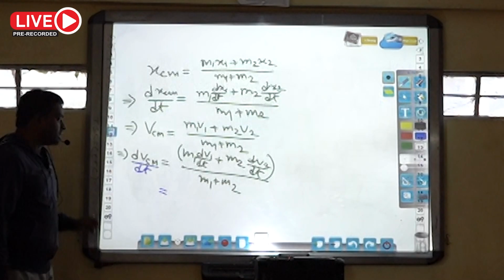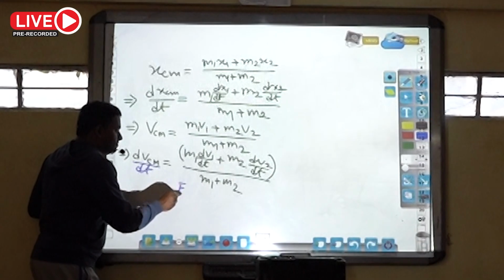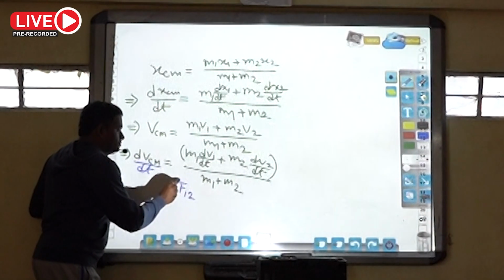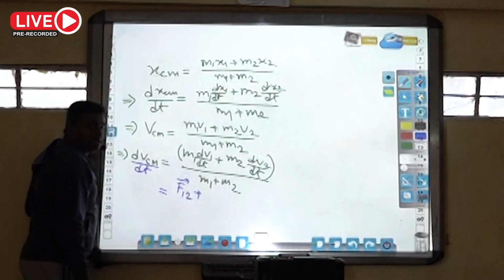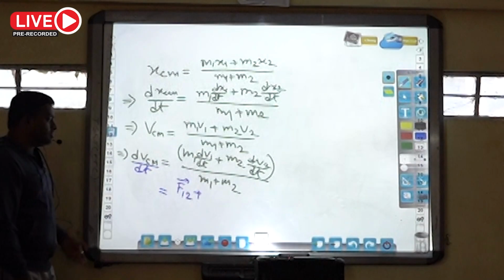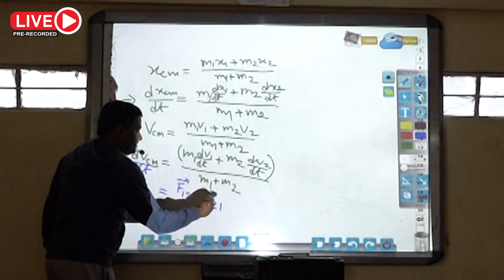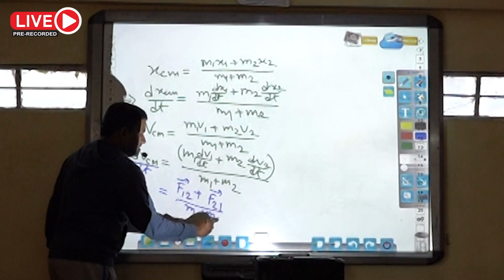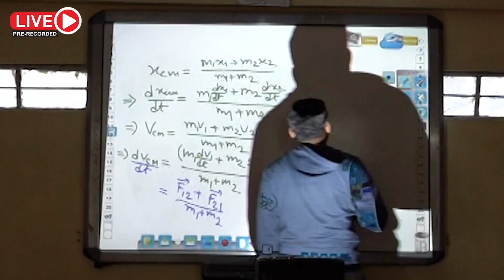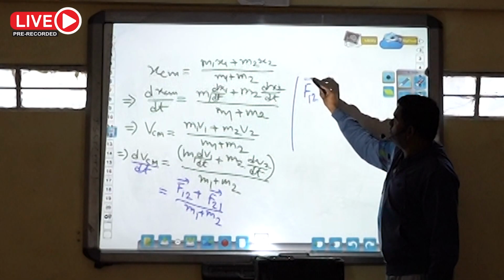The force on the first particle is given by the second particle, so we can write it F12. This is the force given by the first particle. And according to Newton's law, if there is mutual attraction, we know that F12 equals minus F21.